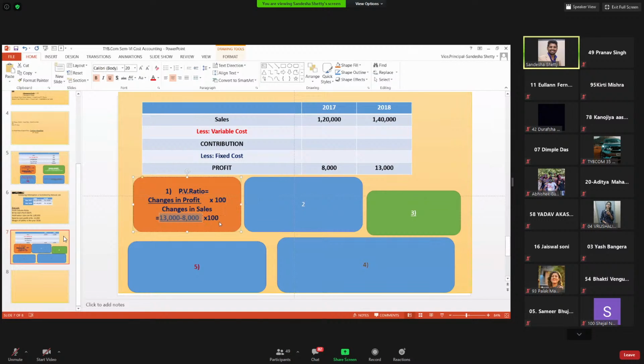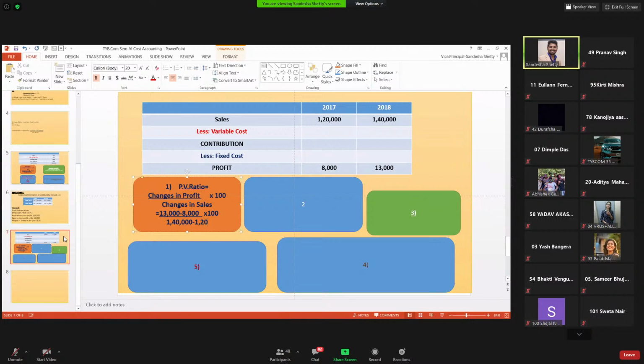And the sale is 1,40,000 minus 1,20,000, the recent year minus the old year. Is it correct, students?